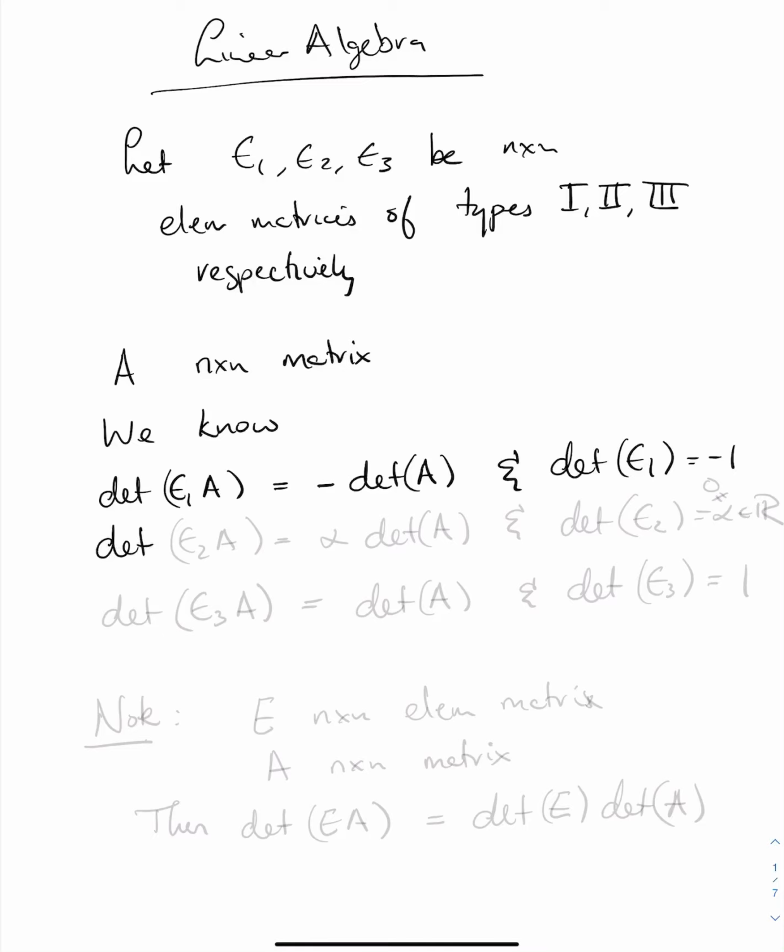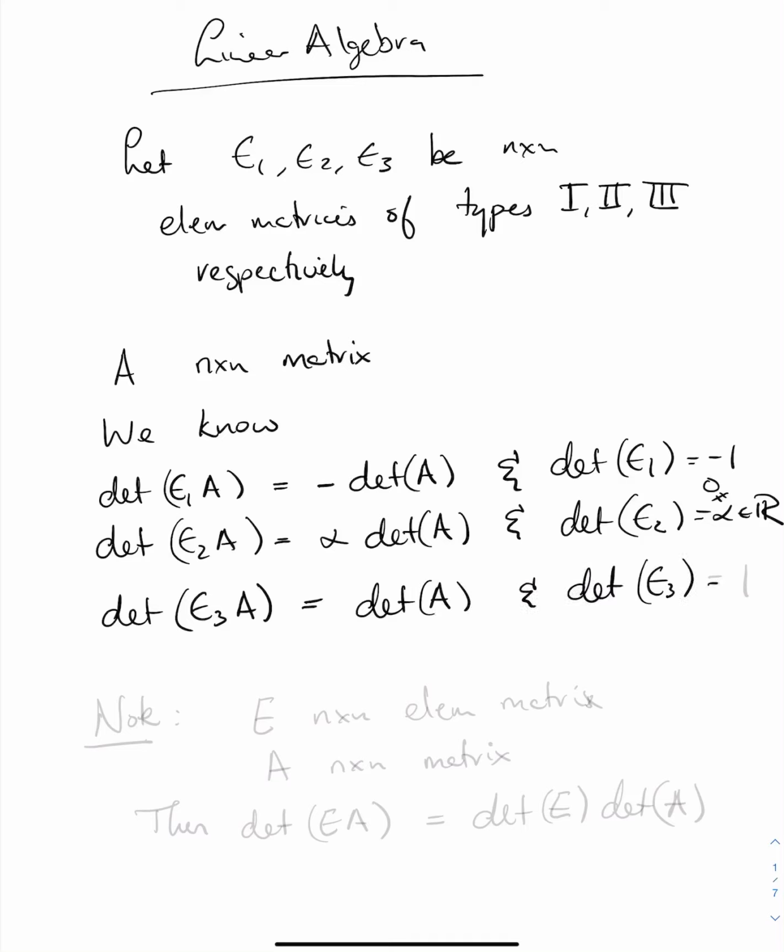We know that the determinant of E2A is alpha times the determinant of A. This is when E2 scales a row by alpha, then it will scale the determinant by alpha. In this case, the determinant of E2 itself is some non-zero alpha in the reals. The determinant of E3 times A is the determinant of A, and the determinant of E3 itself is 1.